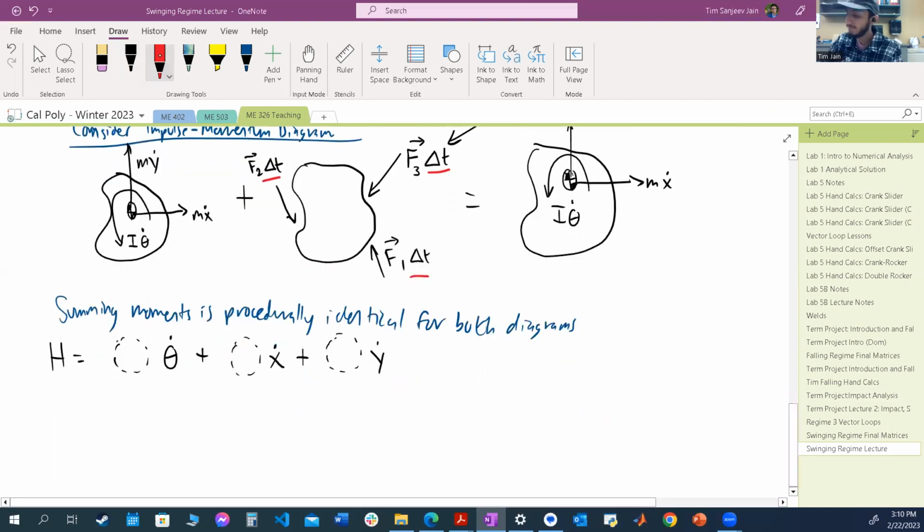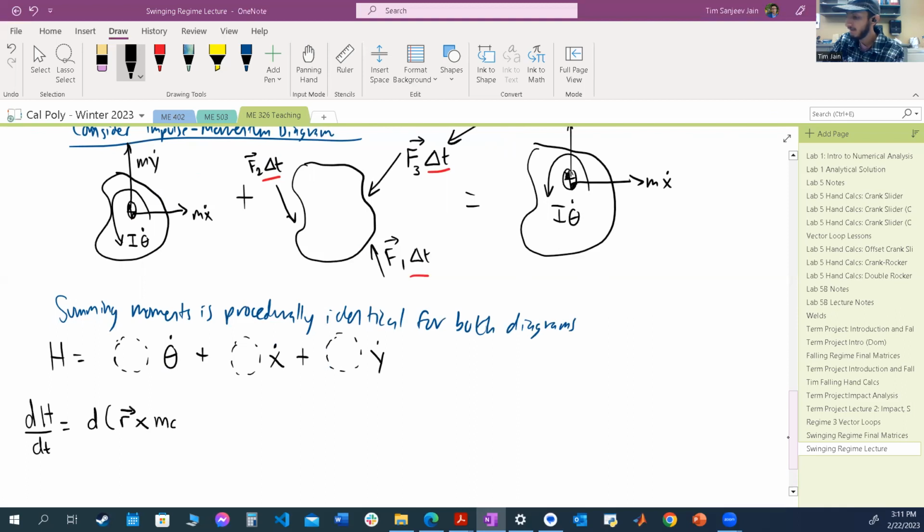Using that same linear combination, recall that dH dt is equal to d of r cross mv, and that is nothing but r cross ma, because the only term that's dependent on time is dv dt.